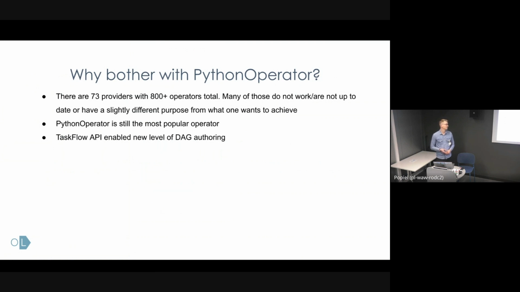And that's, I think, the reason for PythonOperator still being the most popular operator. Another reason is that Airflow also introduced the TaskFlow API that lets you cooperate even more easily with Python code and tasks and move data around without dealing with XComs explicitly.